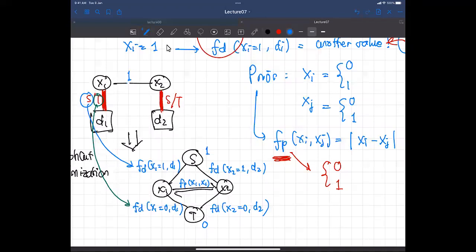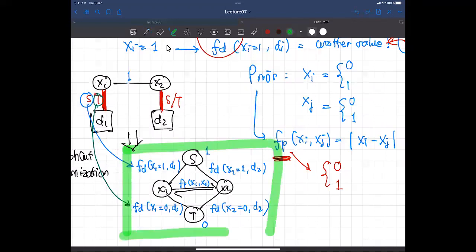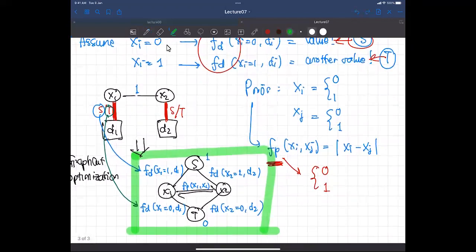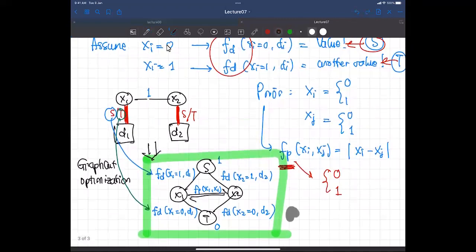So now by having this, we have a complete source-sink graph. So we have a complete ST graph. Any questions here?